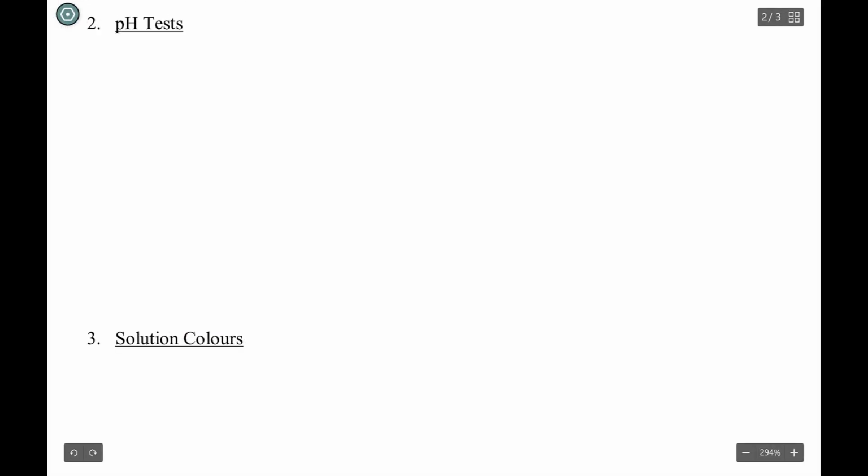The next type of test I could do is a pH test. I'm going to give some broad general things here in terms of pH because we haven't discussed acids and bases yet.